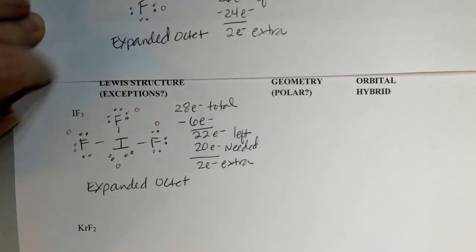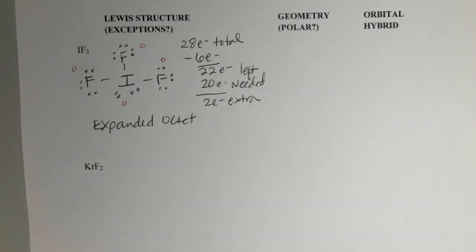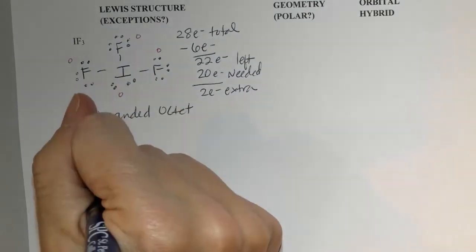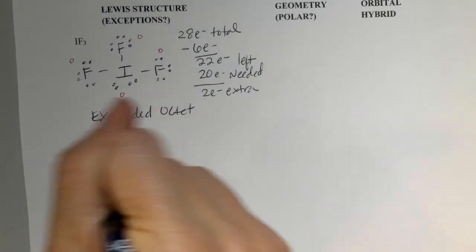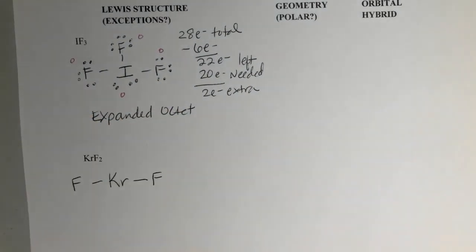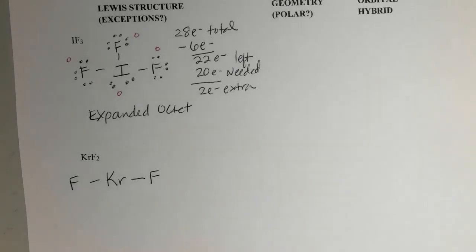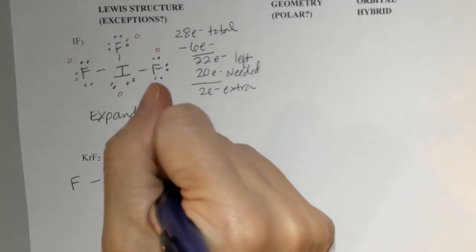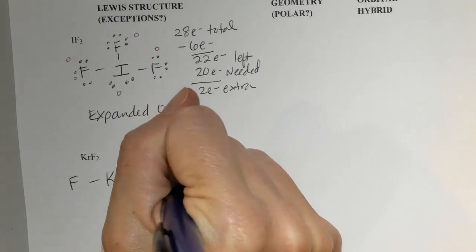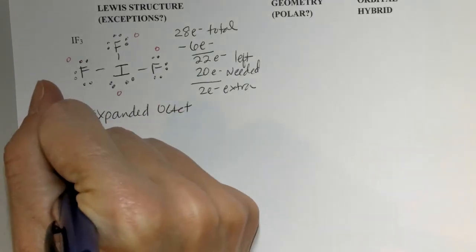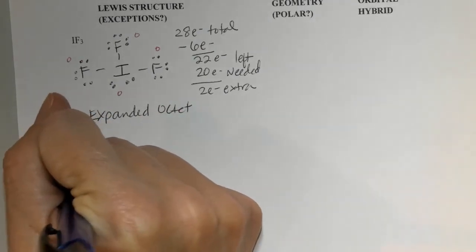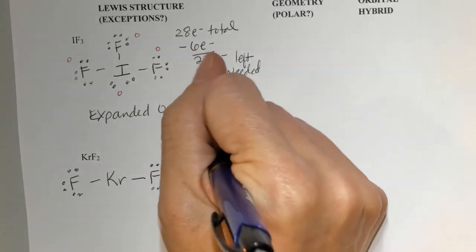All right. Now, next one, we've got Krypton Difluoride, KrF2. So Kr, F, and F. And this is going to be another one. Whenever you've got those noble gases, you're going to end up with expanded octets. So I'm going to go ahead and complete the octet on the fluorines because you know with the fluorines you're stuck. It has to be 8. And now we're going to look at our number of electrons. So krypton noble gas comes in with 8.